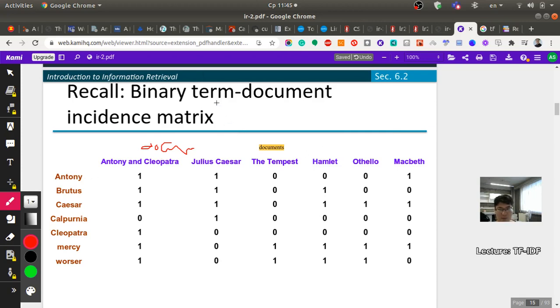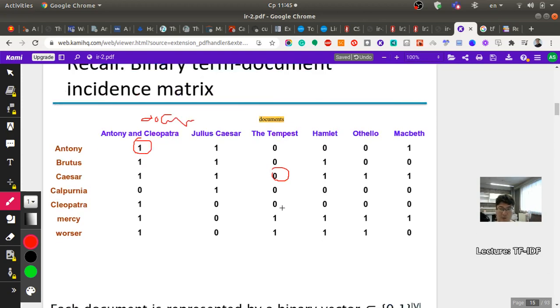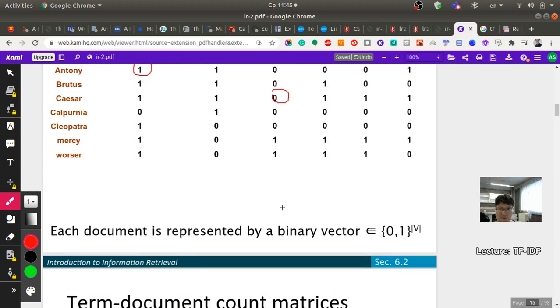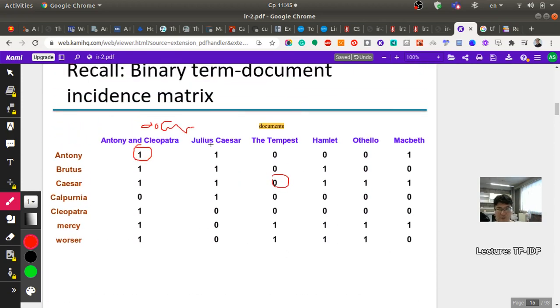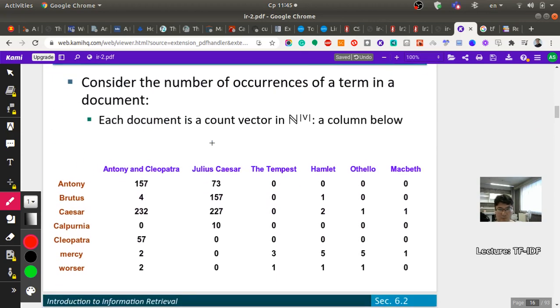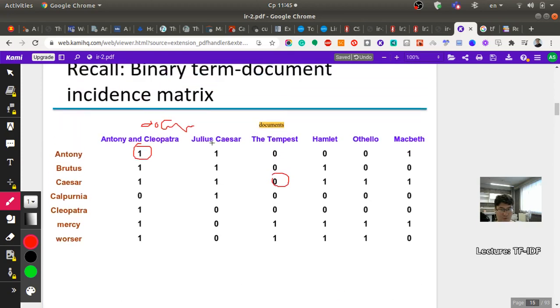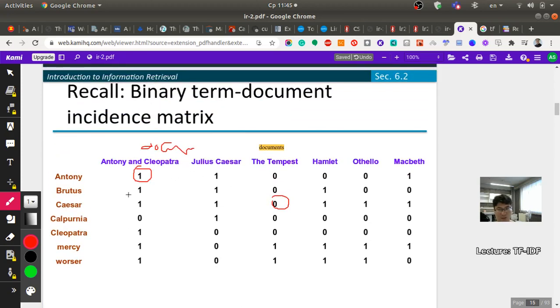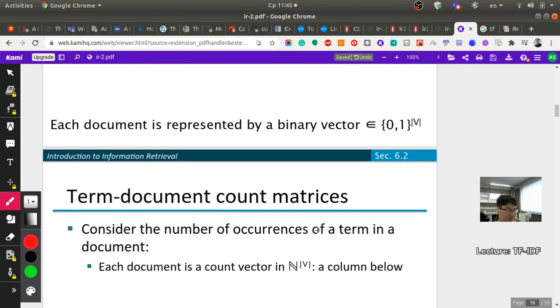This is a binary term document matrix. This means that Antony was mentioned in this document, Antony and Cleopatra, and for example Caesar was not mentioned in the Tempest document. This is also called bag of words. It means that you only consider whether each term is present or not.